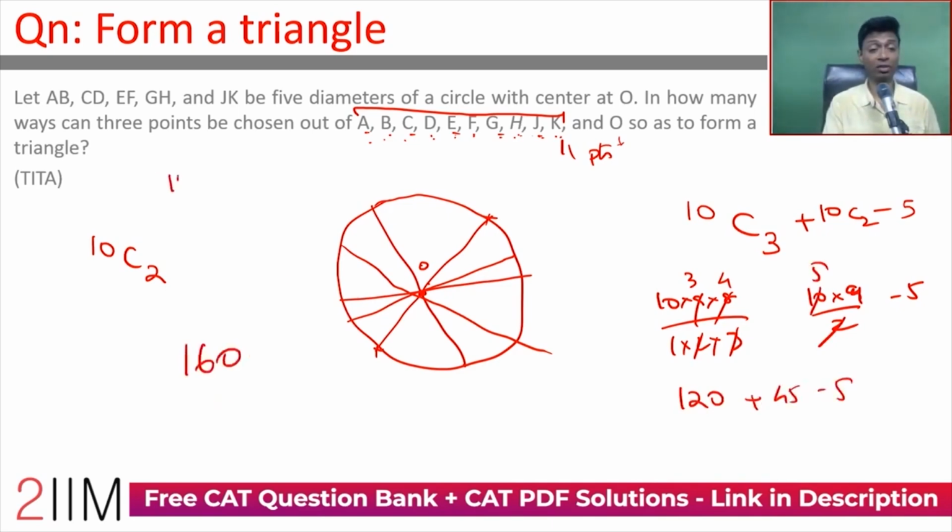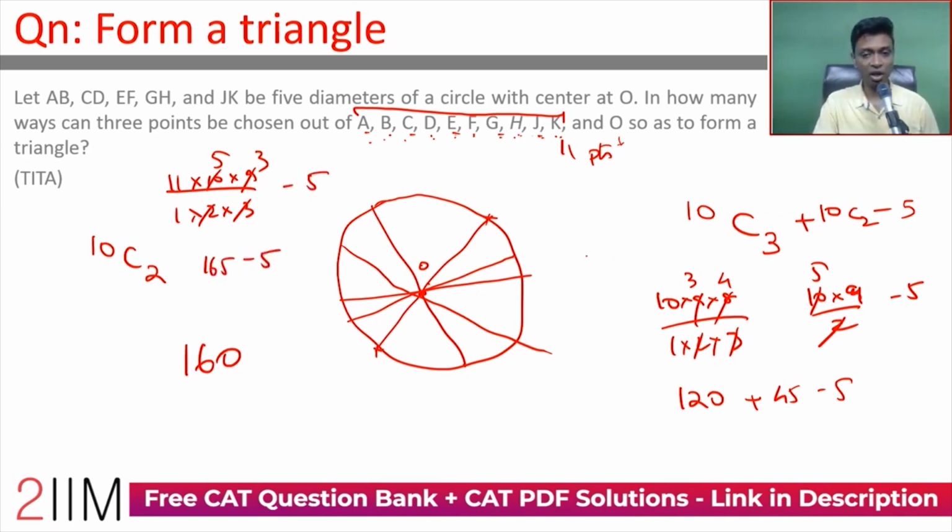You could imagine this as 11C3, 11 into 10 into 9 by 1 into 2 into 3, which is 15 into 11, 165, minus 5. That's the other way of thinking about it. Effectively, out of the 11 points, select any 3, and then subtract the selections of the 5 diameters. So 11C3 minus 5, or 10C3 plus 10C2 minus 5. Both ways we get to 160.